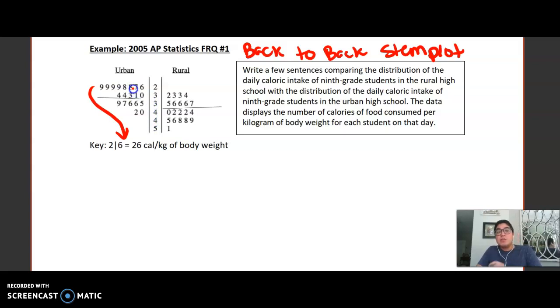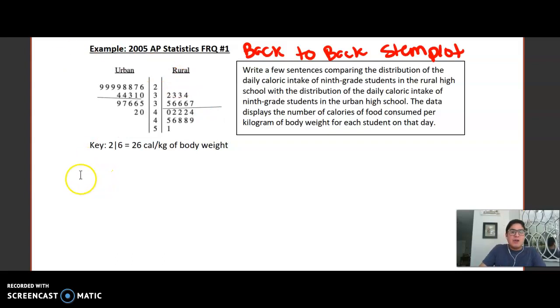So this tail, although it looks skewed left, the tail is following those larger output values. And when your tail follows those larger values, that's actually skewed right. So just make sure you take that into account when you're looking at back-to-back stem plots, because that's how they're going to trick you. So you need to tilt it on its side and draw the shape on there, and then you can't trust nobody, so you got to check, are the numbers going higher, are they getting larger, or are they getting smaller? And that'll tell you the direction of the skew.